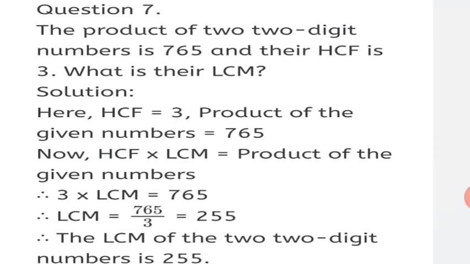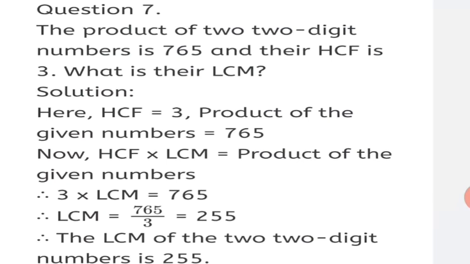Here HCF is equal to 3. Product of the given numbers is equal to 765. Now HCF into LCM is equal to the product of the given numbers. Therefore, HCF value we substitute as 3, into LCM which we don't know, so we write LCM as it is, equal to the product of the given numbers, 765.